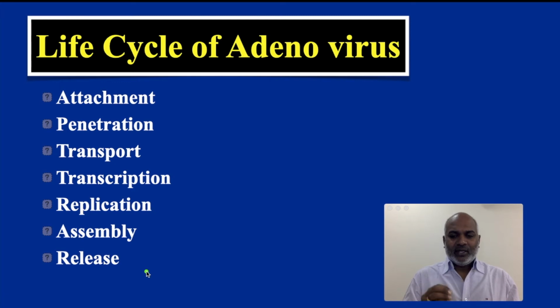Then that viral DNA starts the transcription, followed by replication. By using those gene expression processes, it is involved in the synthesis of viral proteins and also viral enzymes. Then it goes for assembly.